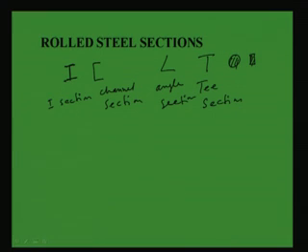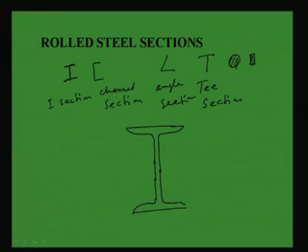I section means how does it look and what are the things we have, let us discuss. First let us draw the section, how it looks. The total depth of the I section is denoted in the code. Code means always SP 6-1, the structural handbook.